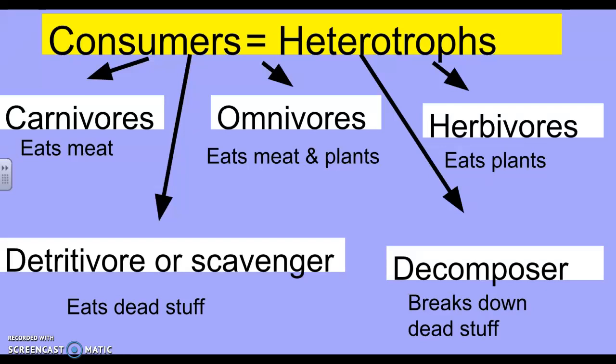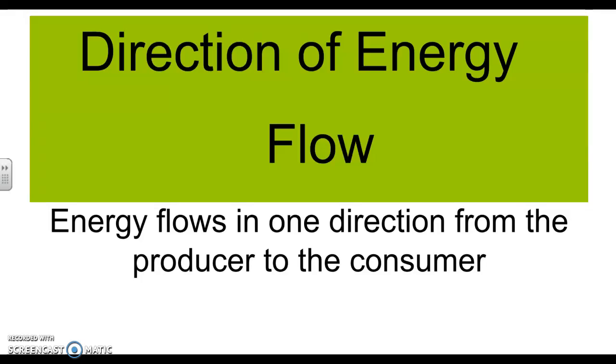Okay, cool. What's an example of an herbivore that you can find around here? Squirrels, deer, rabbits. Cats are usually carnivores. Yeah.